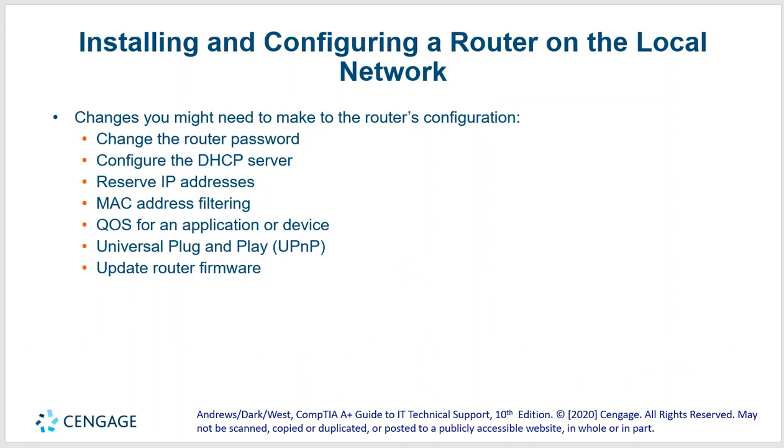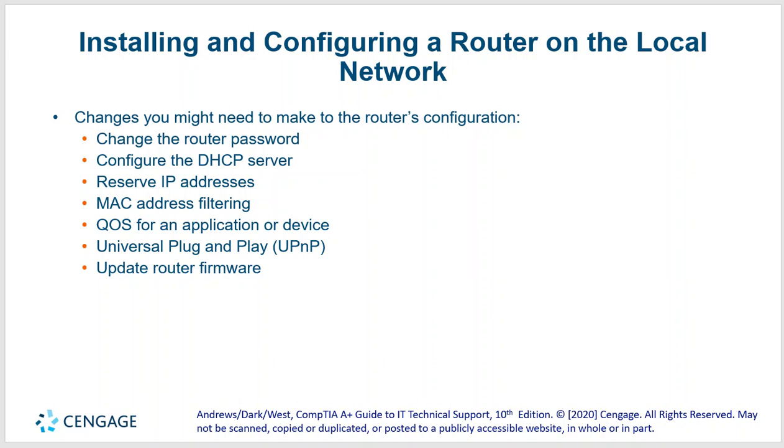Right, changes you might want to make: change the router password, configure DHCP, reserve IP addresses. So, do I want a specific IP address for my printer? MAC address filtering, so everything has a MAC address.